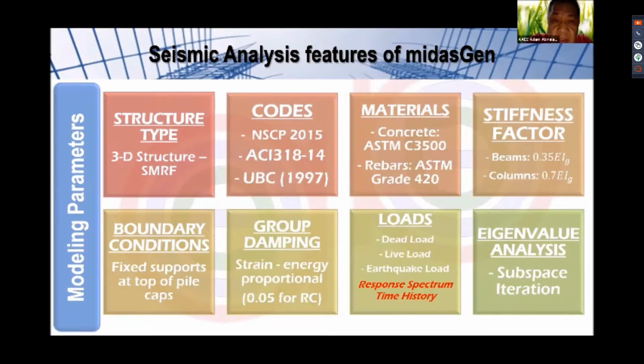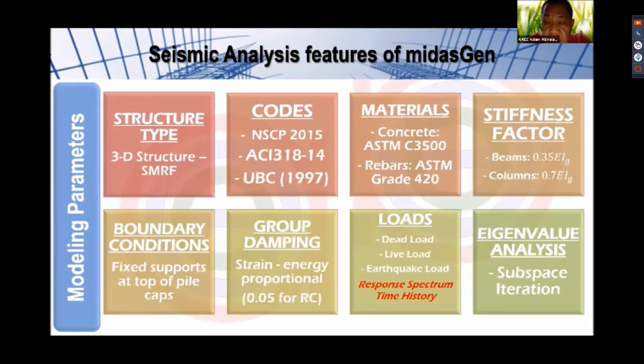Basically, the codes that we considered in the simulation study are the NSCP 2015. And as we all know, the structural concrete provisions of NSCP 2015 is reference to ACI 318-14. Then the earthquake load provisions in the NSCP 2015, section 208, is actually reference to UBC 1997.